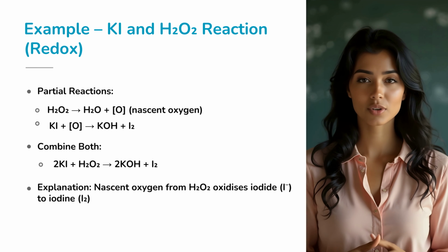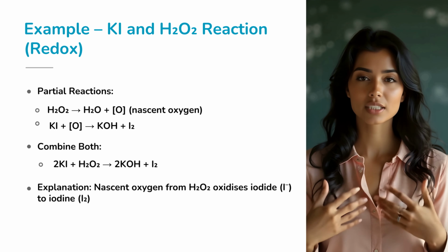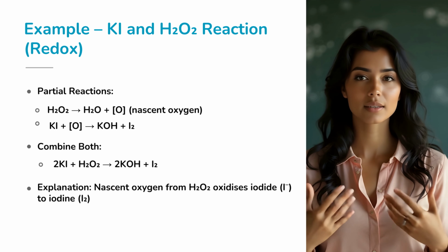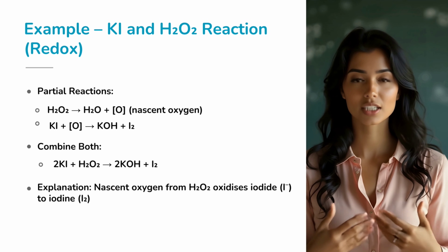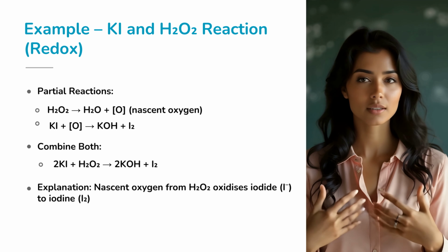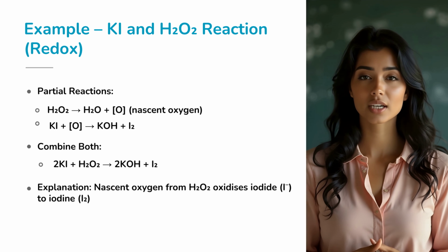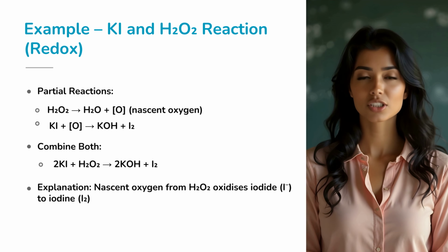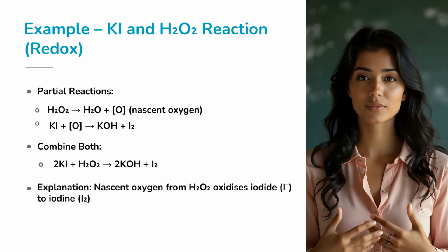Let's explore that potassium iodide and hydrogen peroxide example in more detail. Step A. Hydrogen peroxide decomposes: H₂O₂ gives H₂O plus nascent oxygen, represented as capital O. Step B. Potassium iodide is oxidized by nascent oxygen: KI plus O gives KOH plus I2.